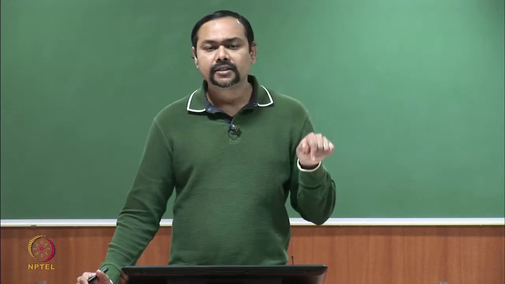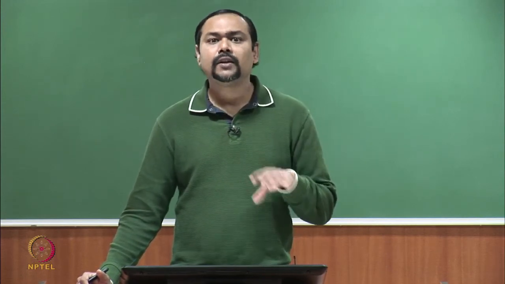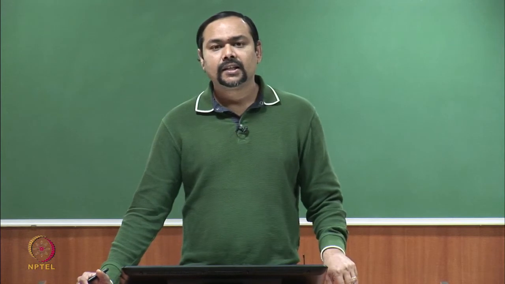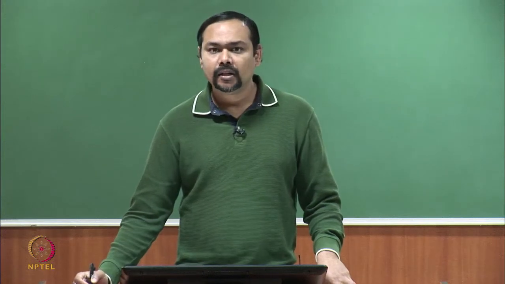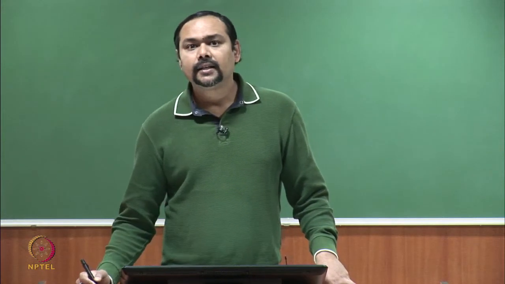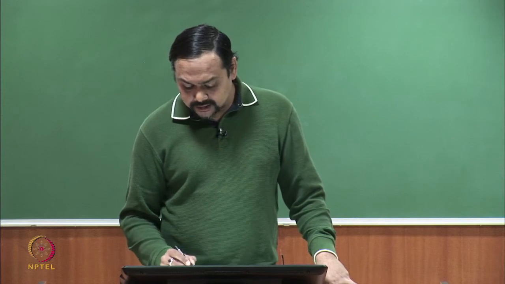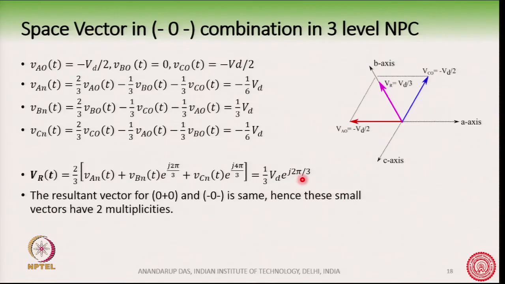But all the other 6 active vectors in a two level space vector diagram were having a single multiplicity. In case of a 3 level space vector diagram, we see that this particular active vector 1/3 VD e to the power j 2 pi by 3 has in fact two multiplicities. So, this is how the resultant space vector looks like.